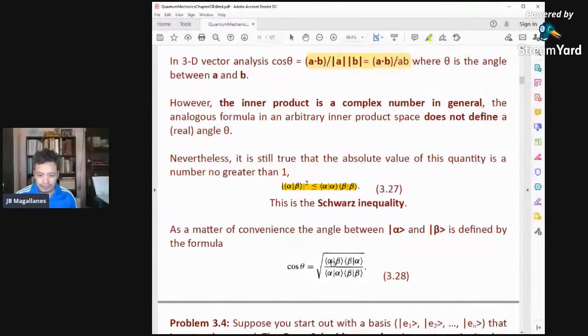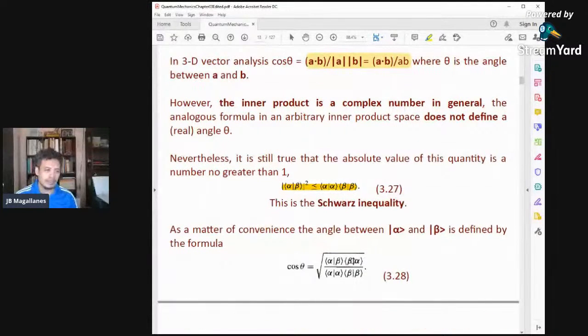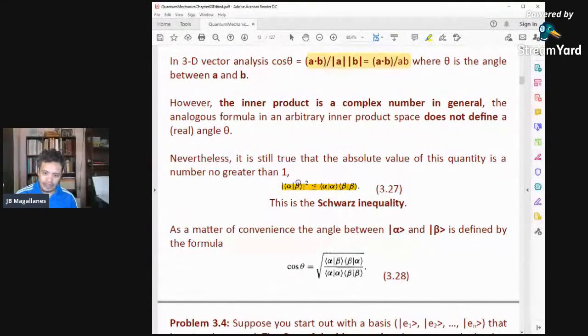So you can also write this as the inner product of alpha beta times its conjugate, or as the conjugate of beta alpha times beta alpha.